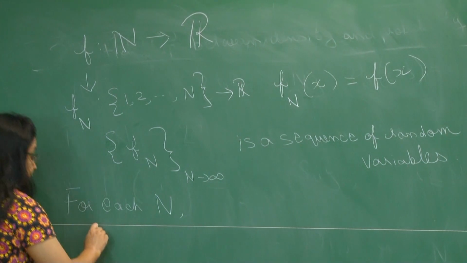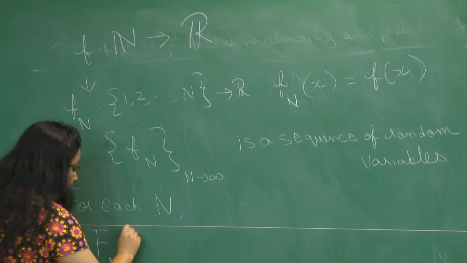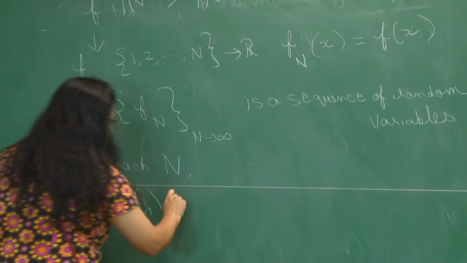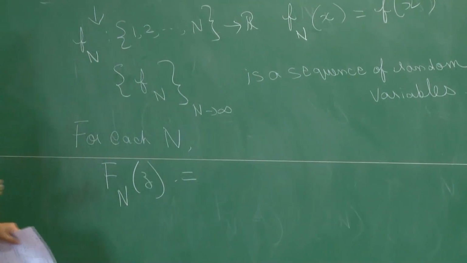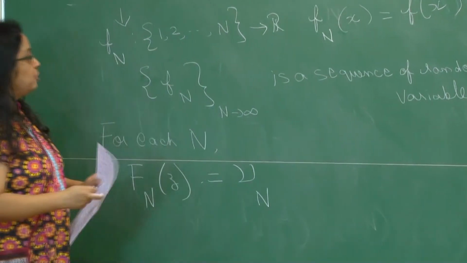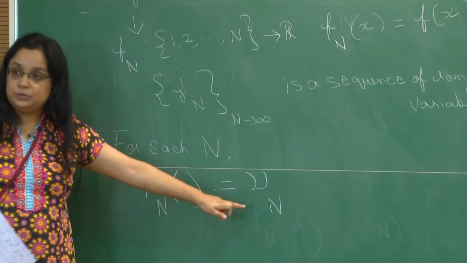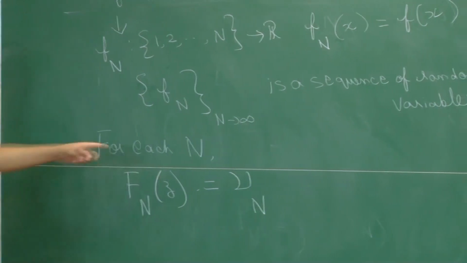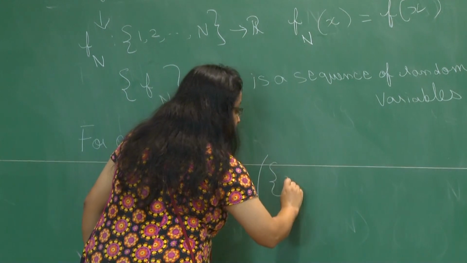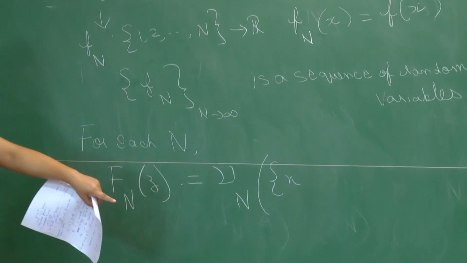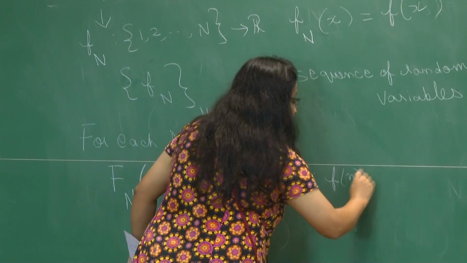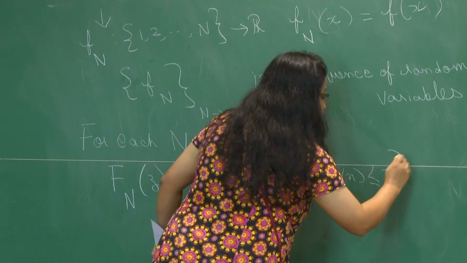Capital F sub N of z, define this to be equal to the probability, so the uniform probability on this set that we have learned to denote as nu sub N. So, define this to be nu sub N of all those n for which f of n is less than or equal to z.